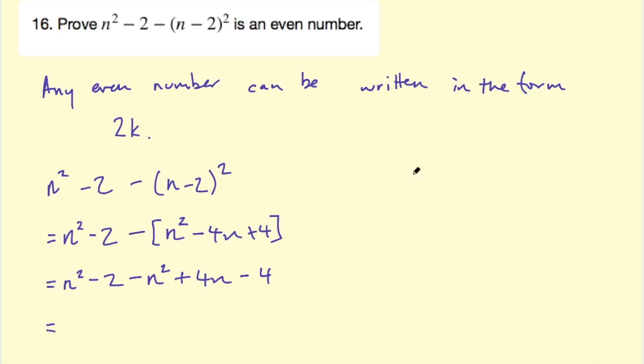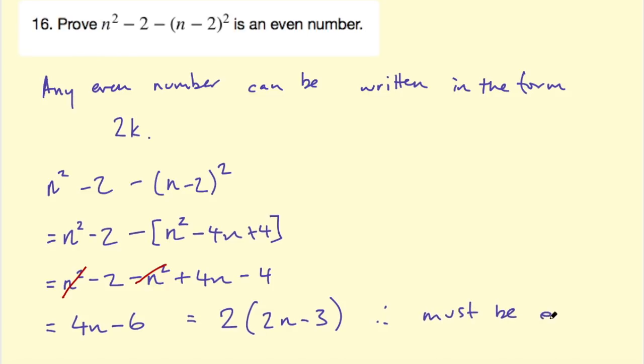And then we just need to simplify it, so n squared minus n squared. Then I've got a 4n, minus 2 minus 4 is going to be minus 6. Factorize that, so that's 2 times 2n minus 3. And I've got that in the form 2k, so therefore it must be even. And that's what we really need to do for that question.